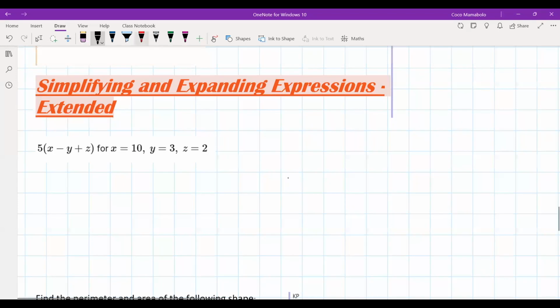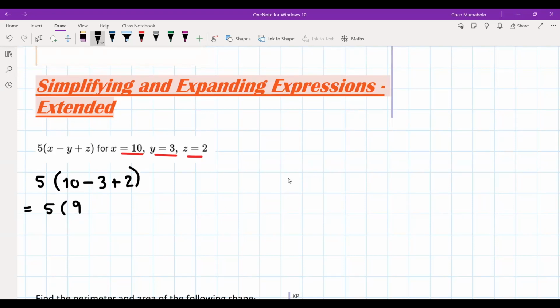So I'm going to start by substituting my x, my y, and my z value. I'm going to get 5 and open brackets. My x is 10 minus my y, which is 3, plus z, which is 2, and close brackets. That is equal to 5 multiplied by, remember, BODMAS says I must do the brackets first. 10 minus 3, which is 7, plus 2, which is 9.